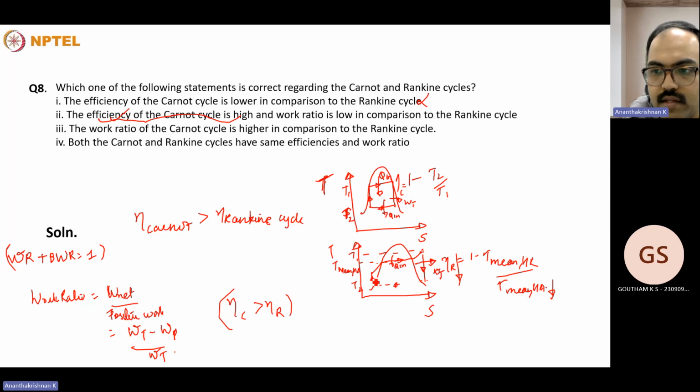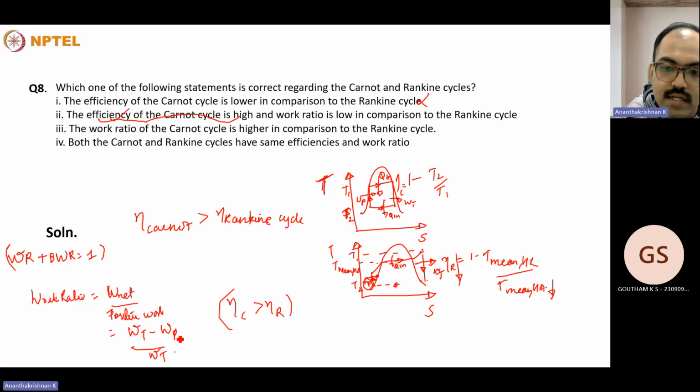This is the work required by the pump or a pumping device in the case of a Carnot cycle. So the WP for the Rankine cycle will be lower than the WP for the Carnot cycle.